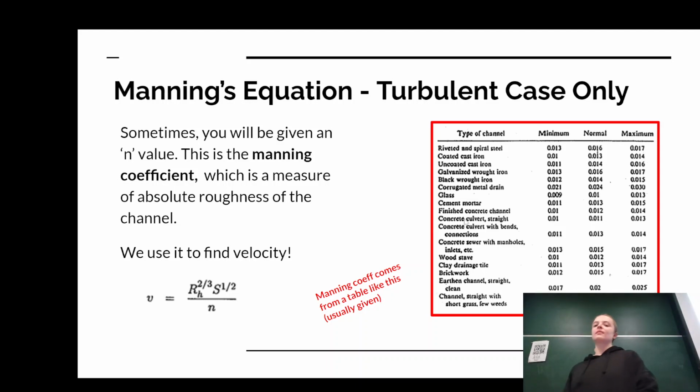You don't have to remember them. They'll probably give you one, or they might ask you to go backwards and find it. And the Manning equation down here is velocity equals the hydraulic radius to the power of 2 over 3 times the slope to the half, all over n, which is that Manning coefficient we talked about before. And it changes based upon the material that your open channel is constructed from.